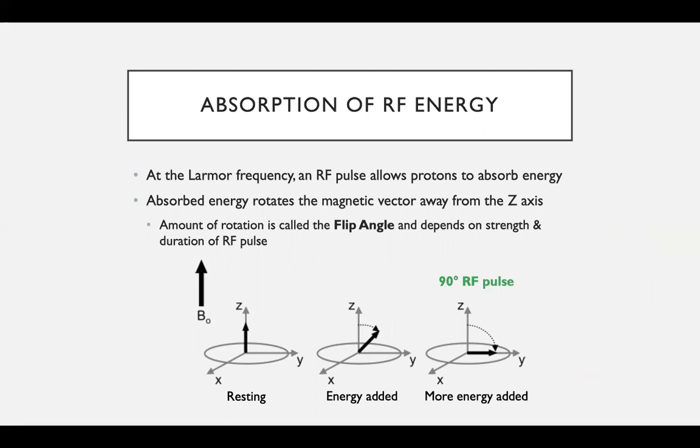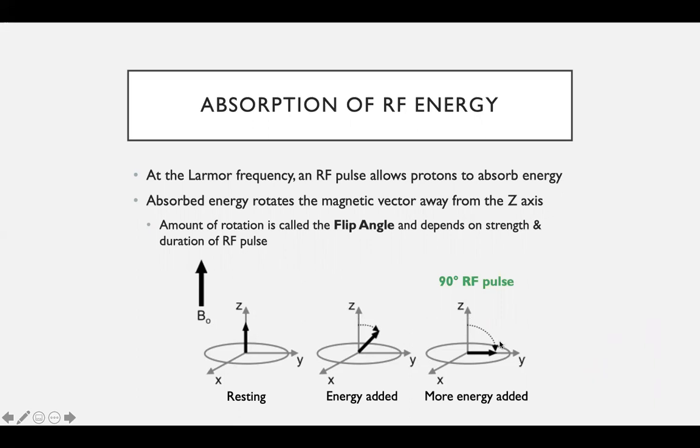Now, what does the proton do with that energy? When you provide energy, it will allow that proton to move away from the resting state. So here on our left, we have the resting state of a hydrogen proton. We're going to add a little bit of energy, and you see that we translate away from the z-axis.